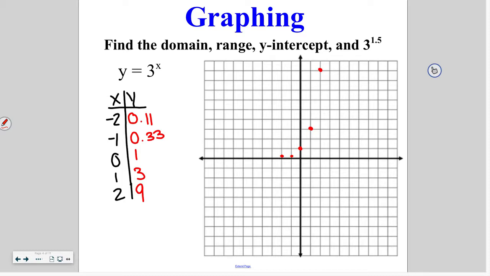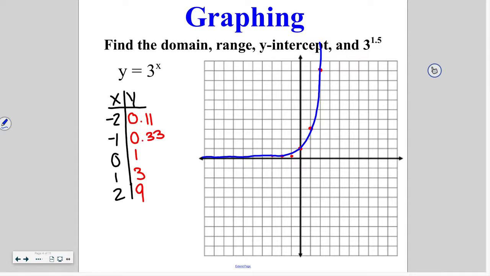So that negative 3 value would be right there. Exponential functions have this tail at the bottom and then curve up quickly. So this bottom tail part is just going to be a flat line. It is going to approach the bottom value, but it will never touch it.